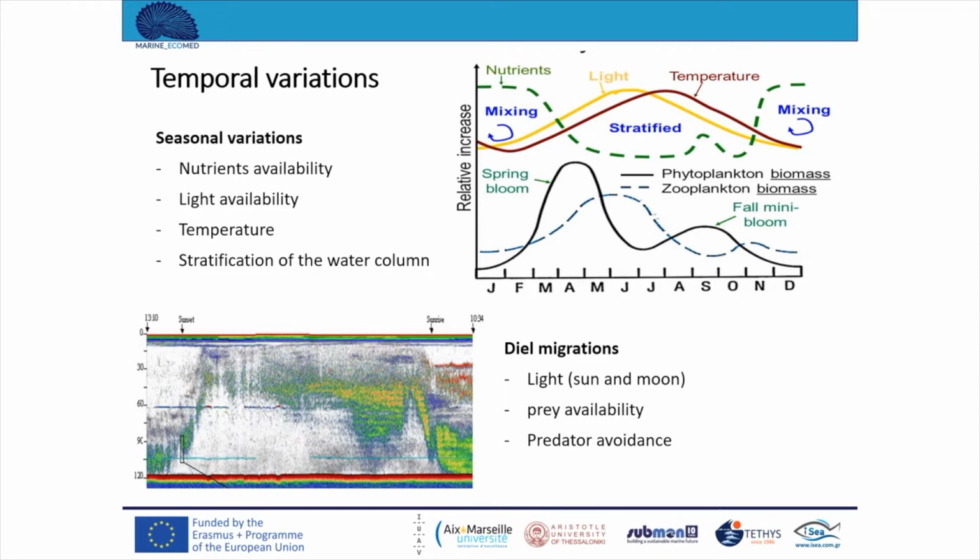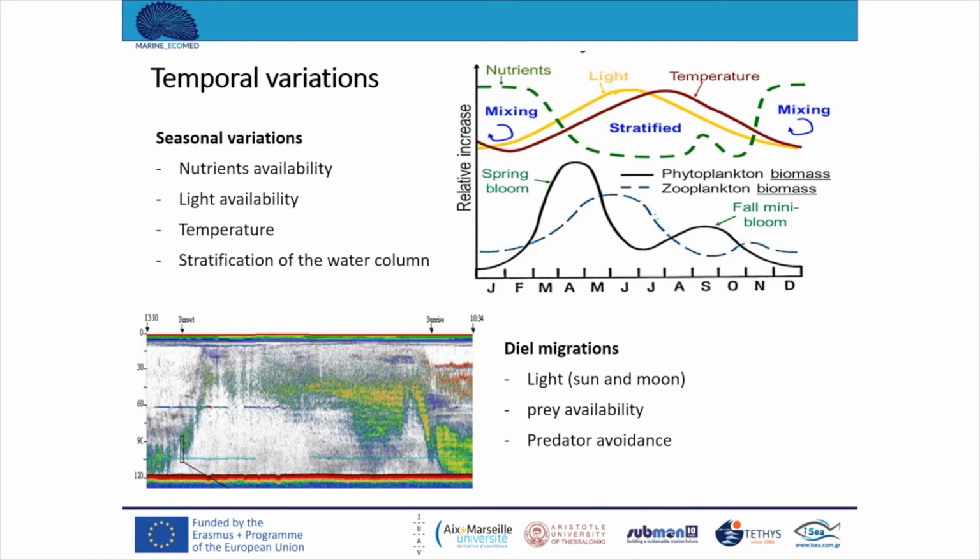We can usually find a fall mini bloom when the wind picks up in fall, allowing the mixing of the water column and the availability of nutrients to phytoplankton. Following that fall mini bloom of phytoplankton, a small zooplankton bloom can occur with the same lag of a few months.